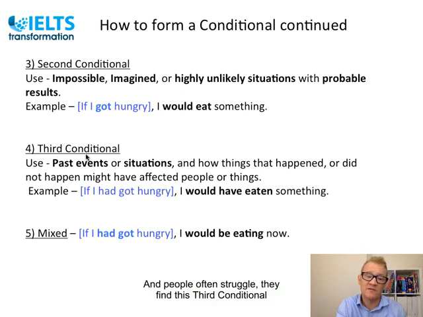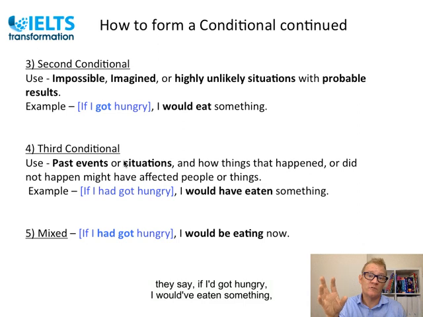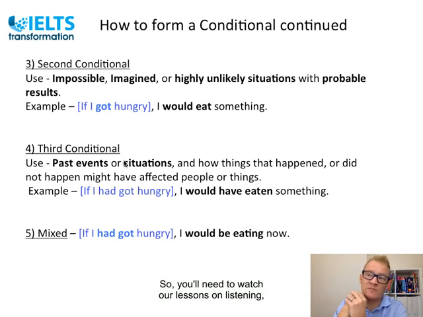They find this third conditional difficult, and the reason for that is that you can't hear it. People don't say, if I had got hungry, I would have eaten something. They say, if I'd got hungry, I would have eaten something. So everything's contracted. So you'll need to watch our lessons on listening and pronunciation to learn a bit more about that.